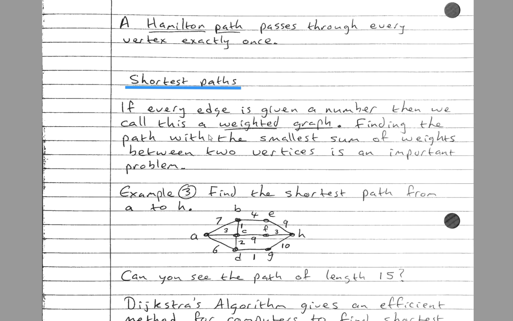Now we're changing the idea of length slightly. We're talking about weighted graphs, so every edge has a number. And then the length of a path, instead of the number of edges, is the sum of the weights of the edges.